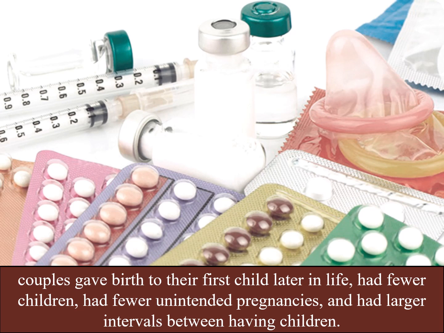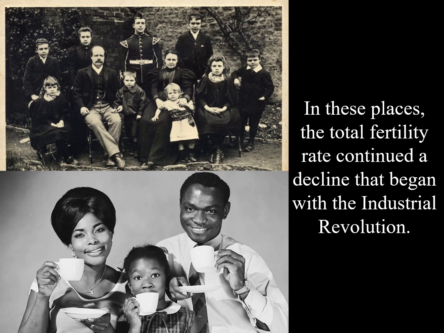So when we're talking about access to family planning services, a big portion of that is contraceptives, and that includes the pill, condoms, all of those different ways that we're able to prevent having children. In these places, the total fertility rate continued a decline that began with the Industrial Revolution.